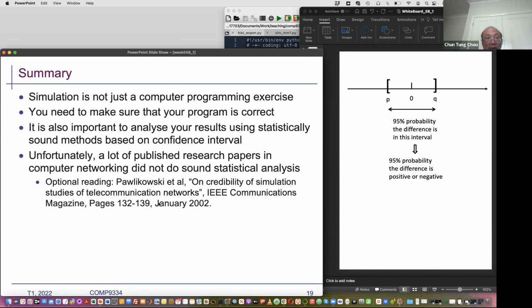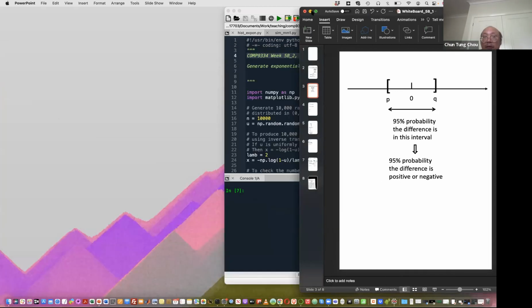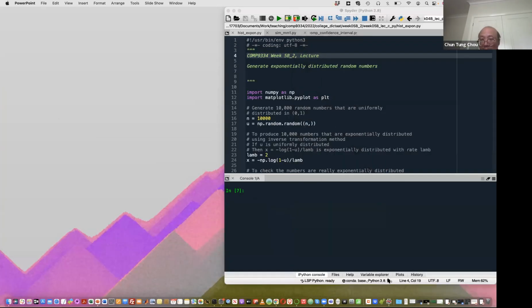So that is it for this part. I'm going to move on to a new section, which is also on discrete event simulation.